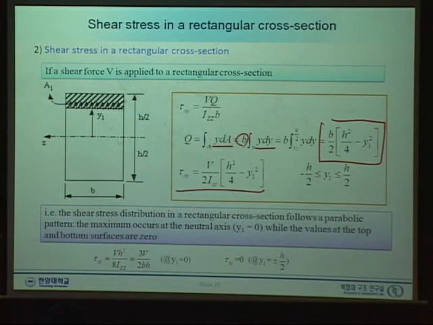And as you can see here, this is exactly a parabolic distribution, if this is y prime. So here it is parabolic, and this is the maximum.